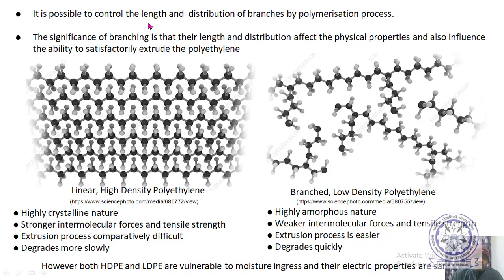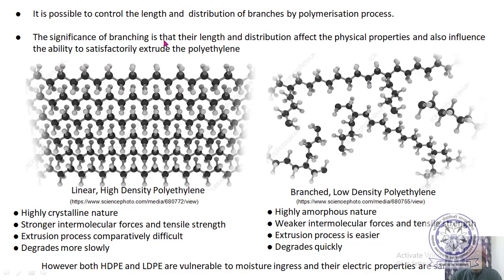Now it is possible to control the length and distribution of branches by the polymerization process. There are several processes by which polymerization can be done. The significance of branching is that their length and distribution affect the physical properties and also influence the ability to satisfactorily extrude the polyethylene.